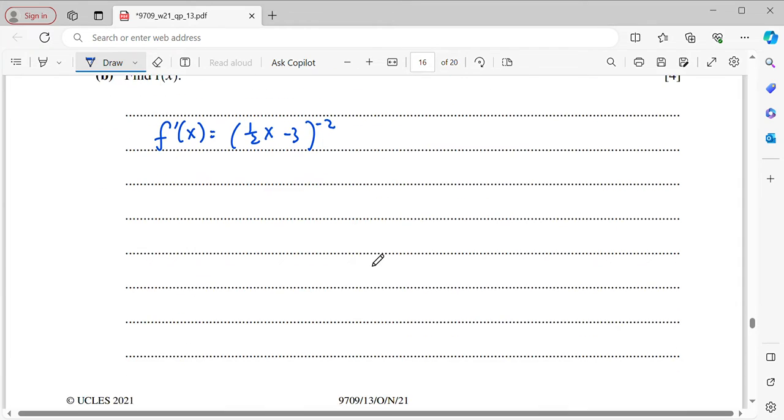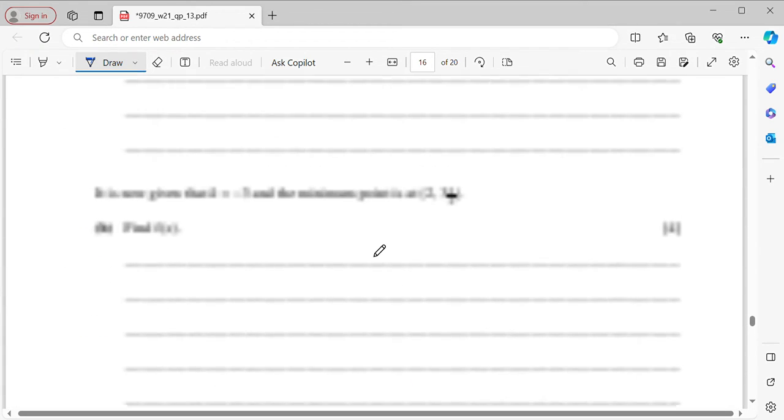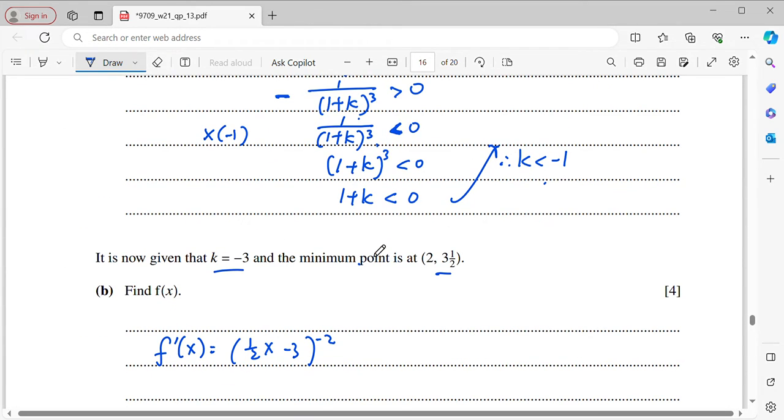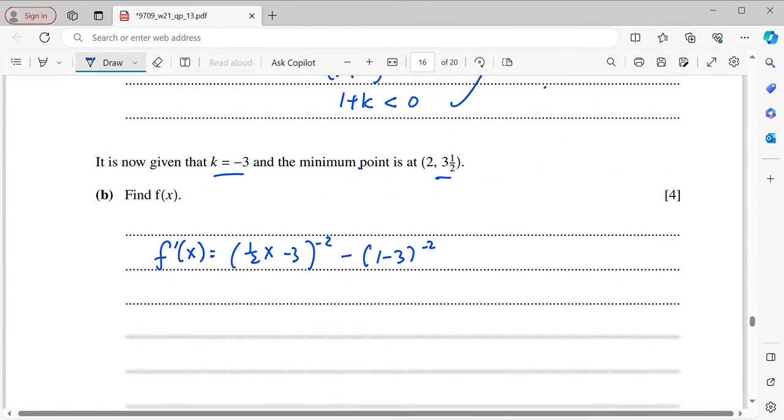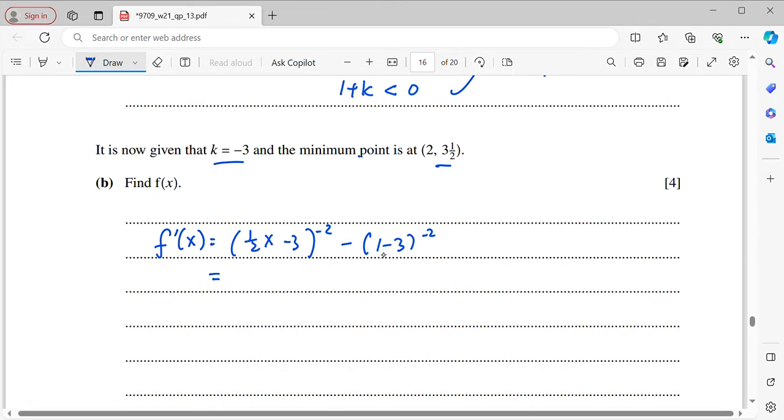So the k is minus 3. Then here is going to be half x minus 3 to the power of negative 2. Then minus 1 minus 3 is minus 2. Minus 2 to the power of negative 2, it becomes 1 over 4.